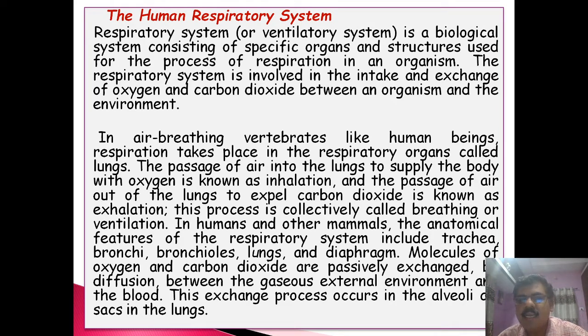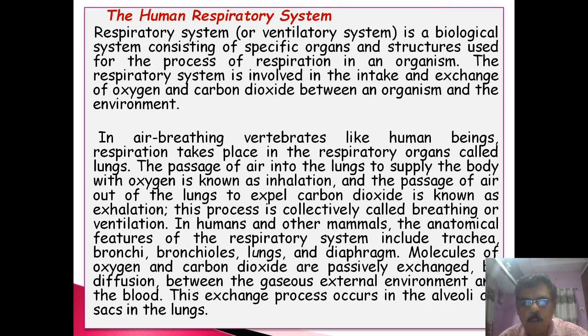This inhalation and exhalation process is collectively called breathing, or it is also called ventilation. In humans and other mammals, the anatomical features of the respiratory system include the trachea, then bronchi, then bronchioles, then lungs and the diaphragm.